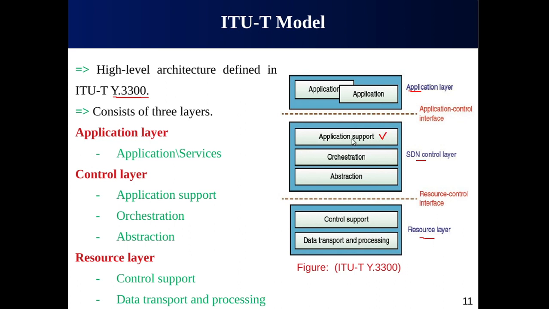First, the application support. It provides an API for the SDN applications, as it is closest to the application. So it will provide an API for these applications to access the network information. The second sublayer is the orchestration.